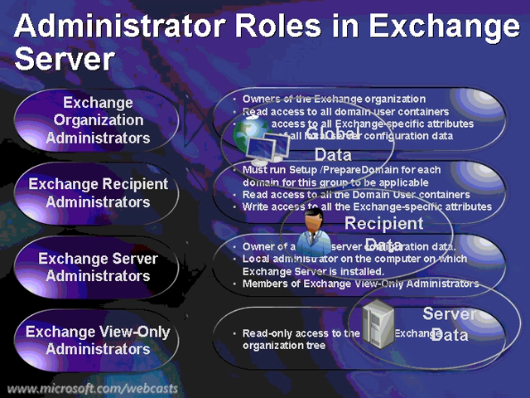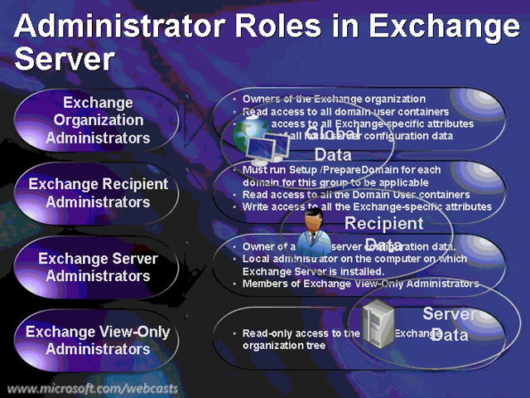So if I do a quick look at the different administrator roles in Exchange 2007, there's the organization administrators. Right, so those are the folks that can administer organization-wide settings, such as transport rules. The recipient administrators are the ones that will administer recipient information, things associated with the user's mailbox, the distribution groups, and so forth.